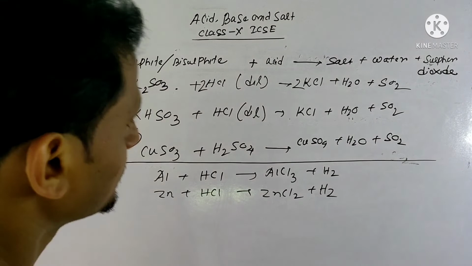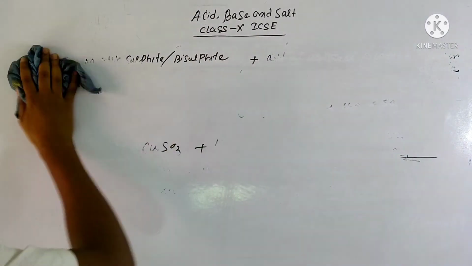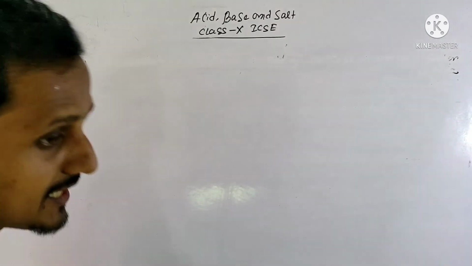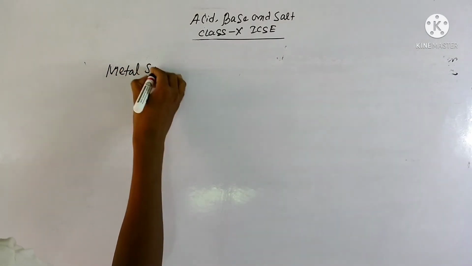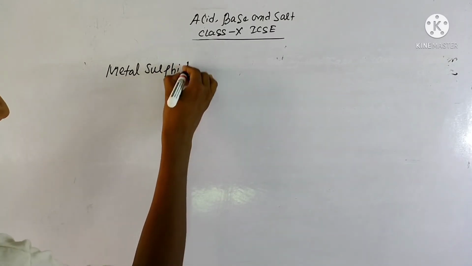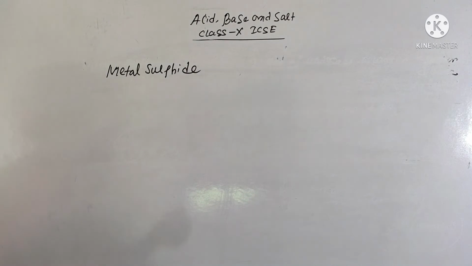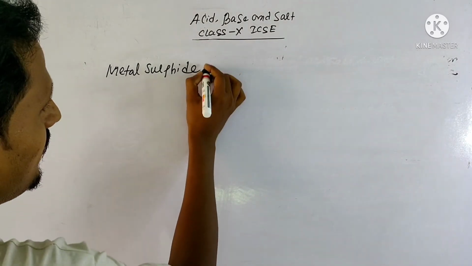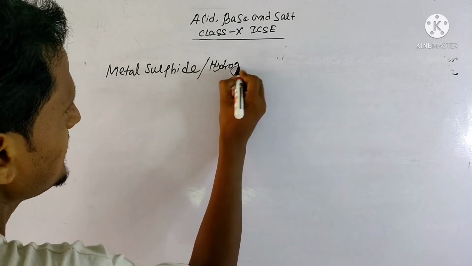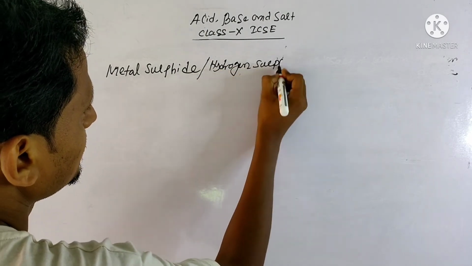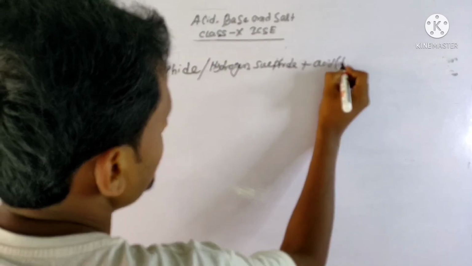Now the last preparation. We have come to the last preparation, when a metal sulfide, the previous one was sulfite, this one is sulfide or hydrogen sulfide, reacts with acid that should be dilute.